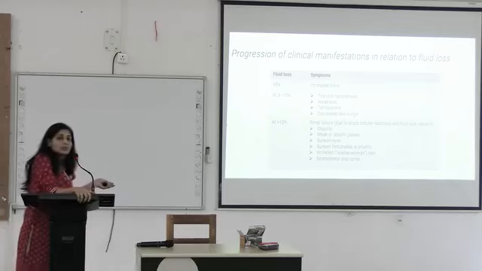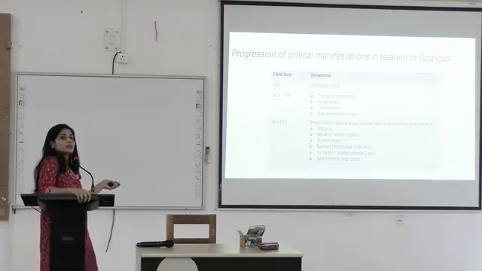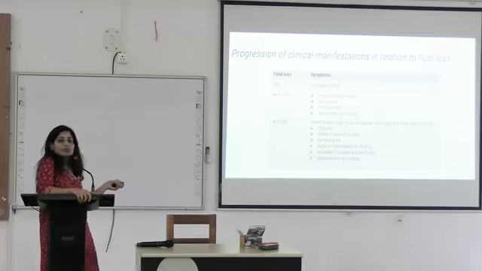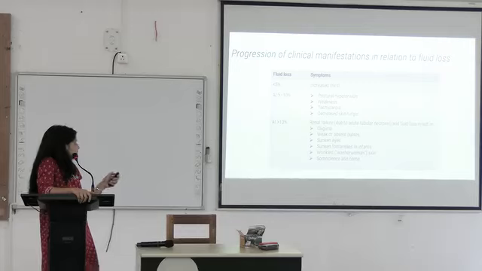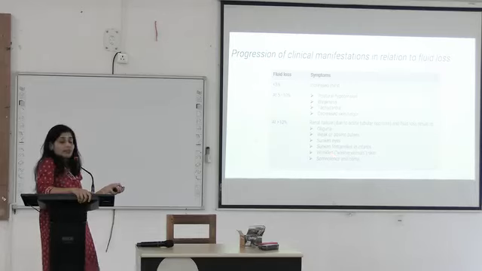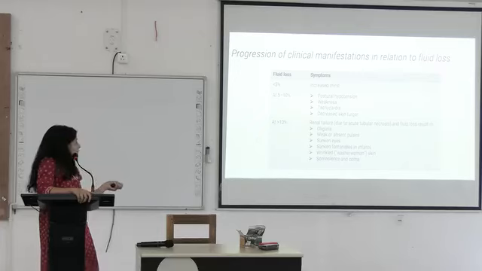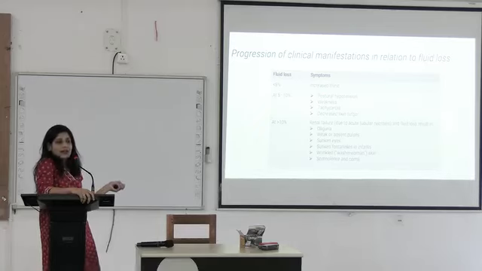When there is more than 10% fluid loss, what will you see? You will see oliguria. What is oliguria? Decreased urine volume. Then you will see weak, feeble pulses, sunken eyes. In infants, you will see the fontanelles have sunken. And what is this? Washerwoman skin, again wrinkled fingers. Somnolence is sleepiness, and subsequently the person might land in a coma.